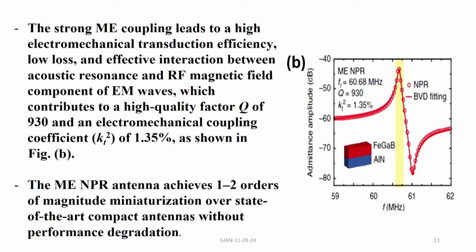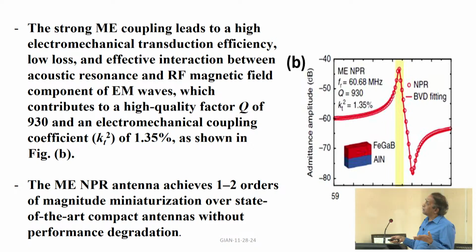Okay. So, the strong ME coupling leads to very high electromechanical transduction. So, it is a very good receiving and propagating antenna, and the frequency is RF range, and the Q value is also quite high. It is a very efficient frequency selective antenna.